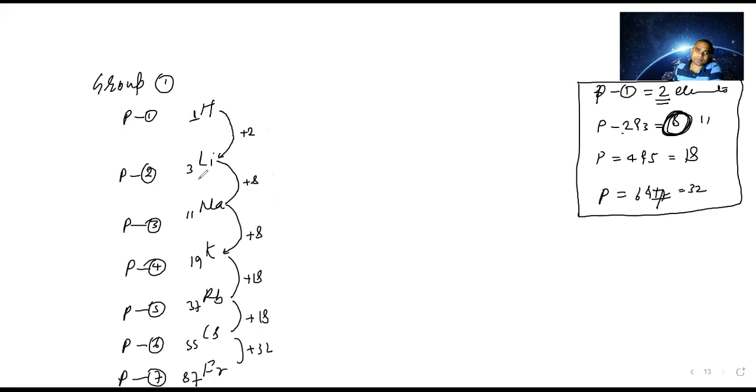So let's see, this is how I wrote the atomic number. If you talk about the second group, beryllium, after lithium, beryllium will come, then magnesium, calcium, strontium, barium, radium. So lithium, beryllium, 4, sodium, magnesium, 12, 20, 38, 56, 88.